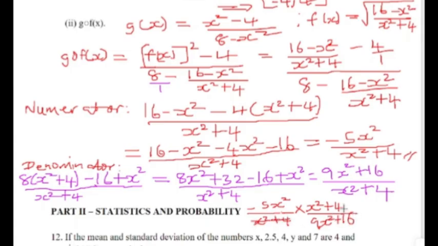Okay, so this cancels this. So our final solution is minus 5x squared divided by 9x squared plus 16. So this is our final solution.